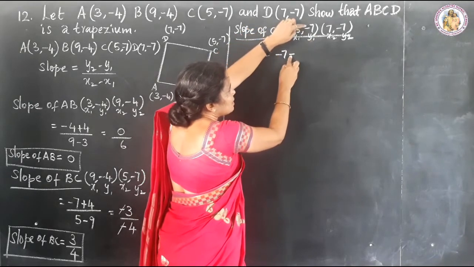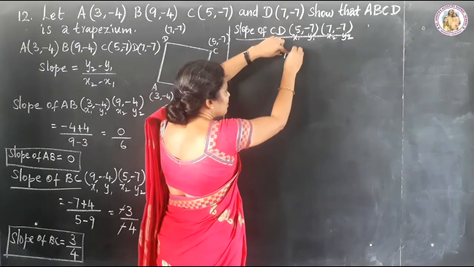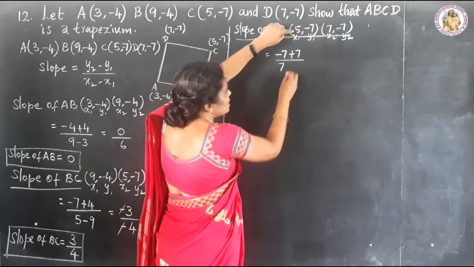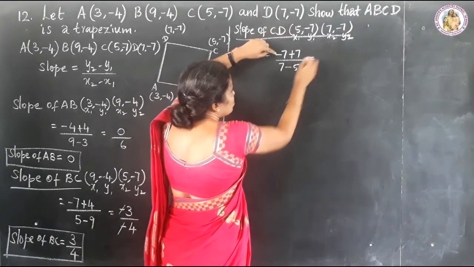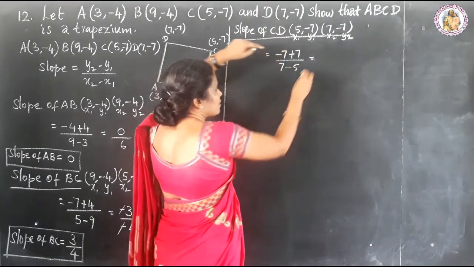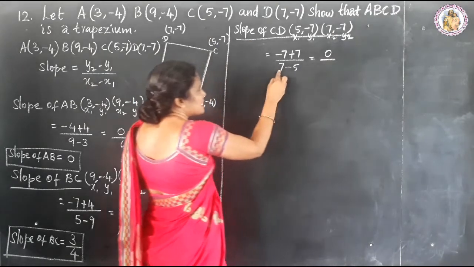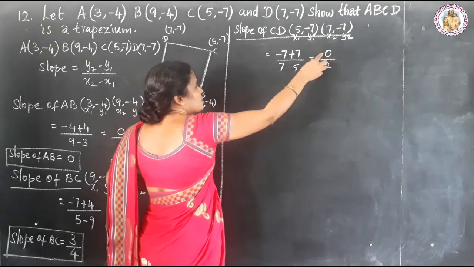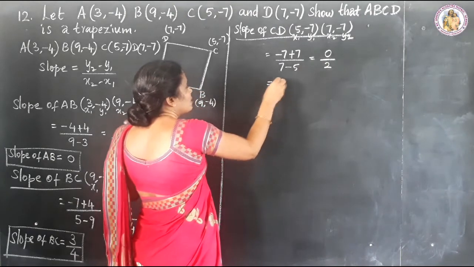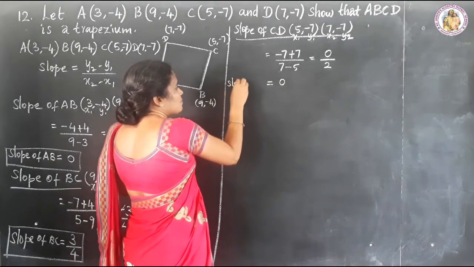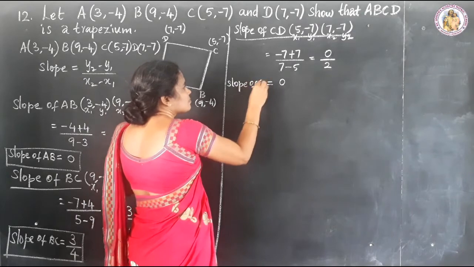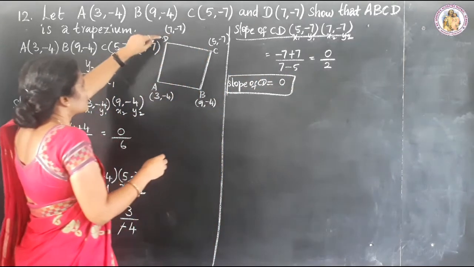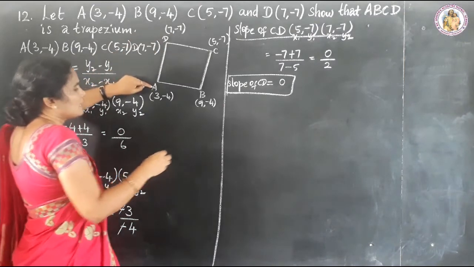By the formula, minus, and y1 minus 7 comes here and becomes plus 7, divided by x2, that is 7 minus 5. Different sign, so plus 7 minus 7 is 0, divided by 7 minus 5, which is 2. Any number divided by 0 is 0, so the slope of CD is 0.